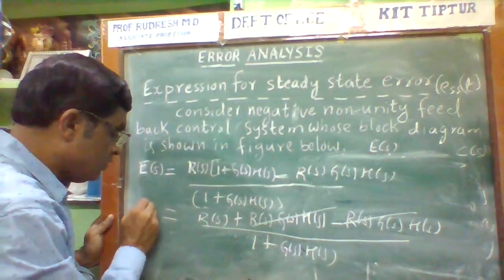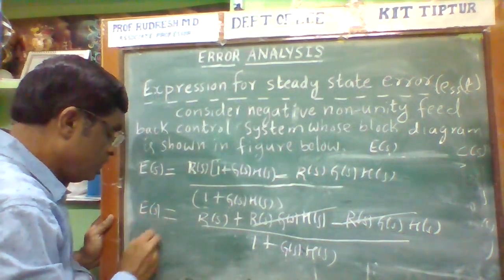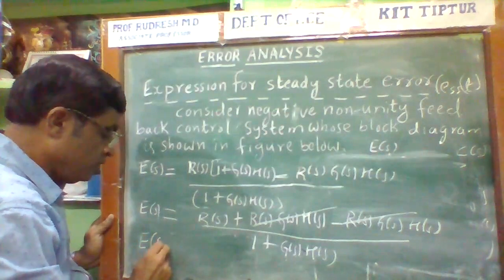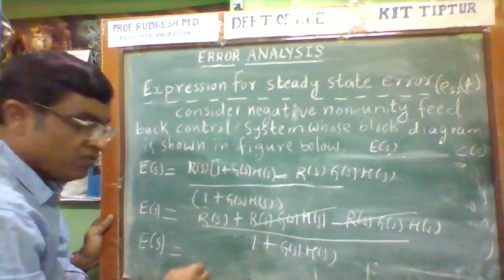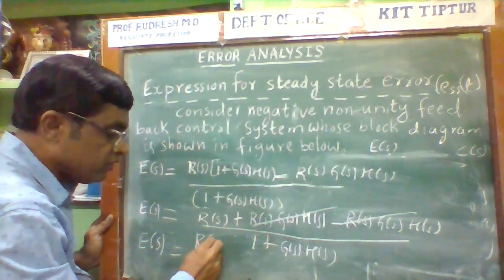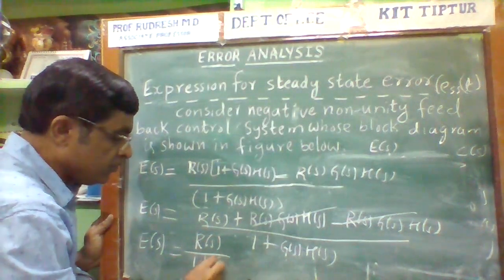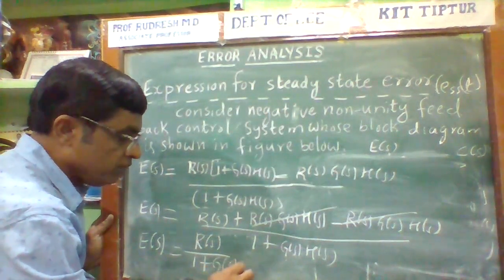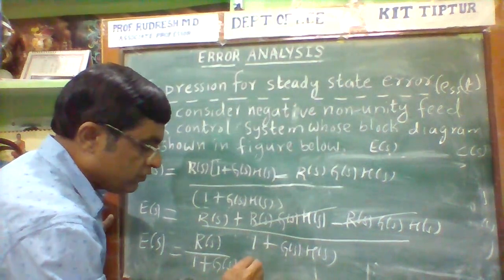E(S) is equal to R(S) by 1 plus G(S) into H(S).